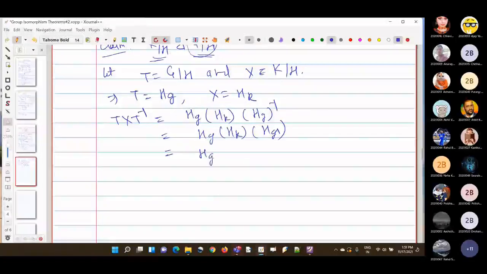We can write it like this: gkg inverse. Now since K is a normal subgroup of G, gkg inverse is always going to be a member of K.